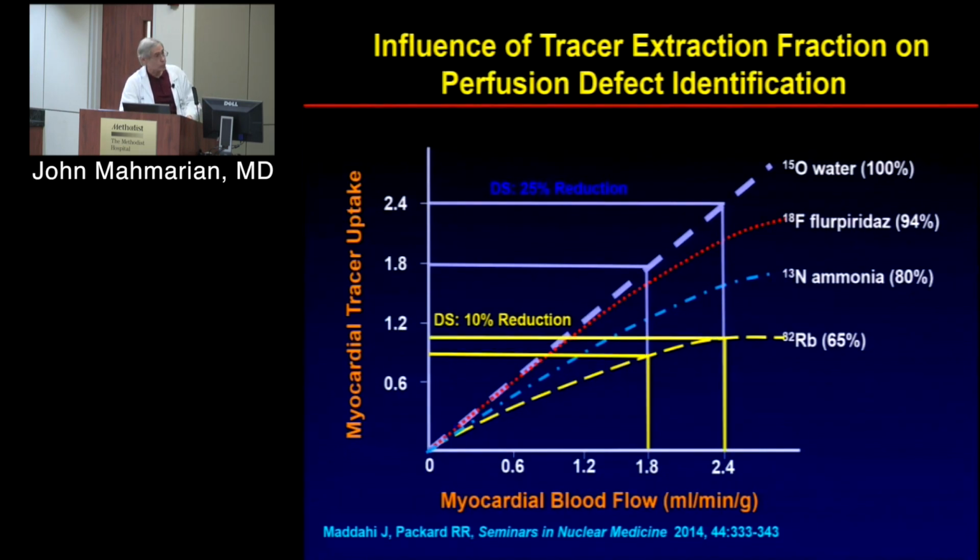But what happens with technetium or rubidium or some of these other agents? You may get a 2.4 flow increase in myocardial blood flow, but that's only reflected as maybe a 1 or 1.5 increase in actual counts. So you significantly underestimate the amount of the perfusion abnormality because of the underestimation of flow in the normal area.